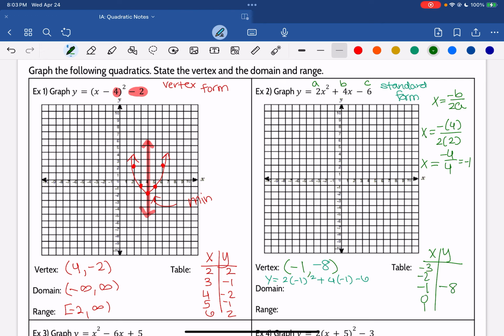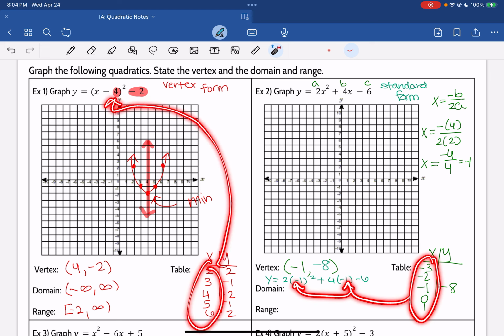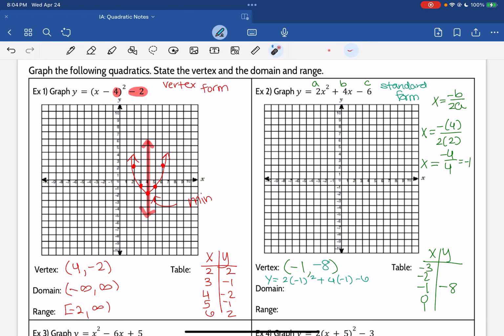So now in my table, I'm going to go from negative 3 to 1. And again, I'm just taking all of these values, plugging in my equation, just like I took these values and plugged them into that equation.